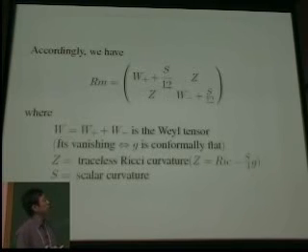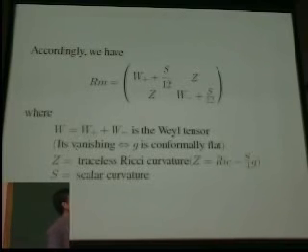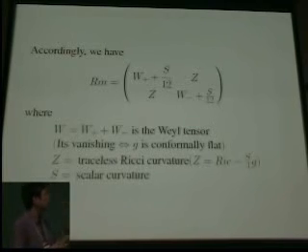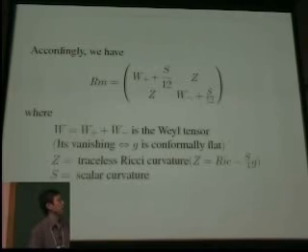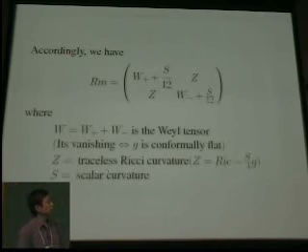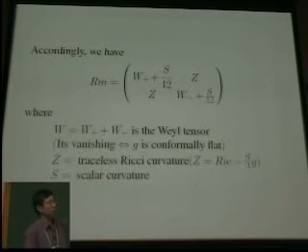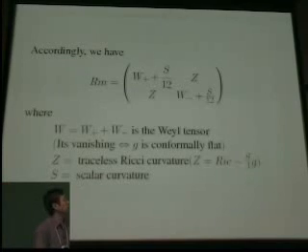Here W, the W plus and minus, is called the Weyl tensor. Its geometric meaning is that it tells you when a metric is conformally flat, namely flat after scaling. Z is the traceless Ricci curvature; if it's 0, your metric is Einstein. And S is the scalar curvature, I should use R here.